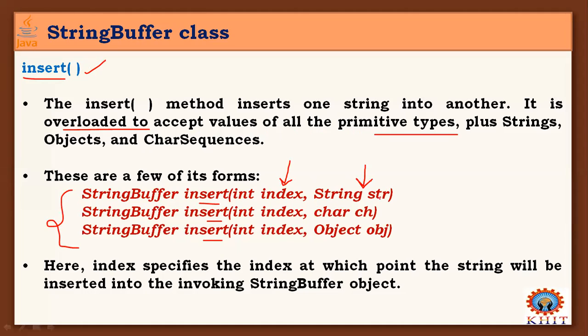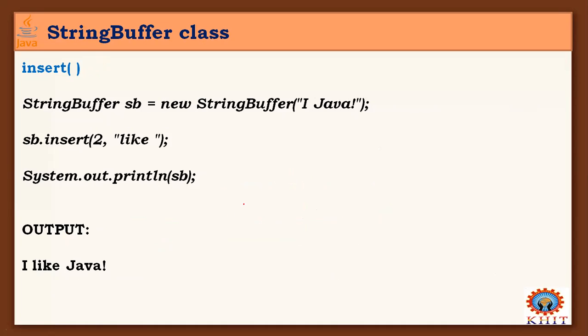For string, this given str is inserted into the string object which invoked this method, right? In that string object, it inserts this str at this particular index. The same way here also, any StringBuffer object invoking this method, that string value is inserted by this character at this index. The same way here also, right? So we'll see some examples of this one.